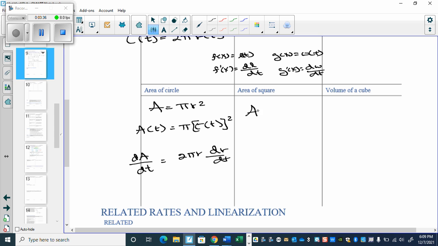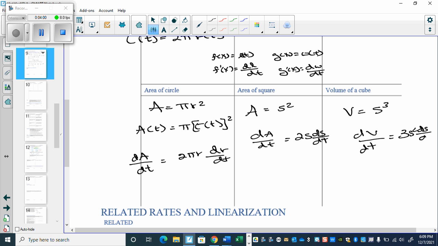Area of a square, and this is a function of time. The derivative would be dA dt equals 2s ds dt. Volume of a cube, s cubed. As a function of time, this derivative would be dV dt equals 3s squared ds dt.